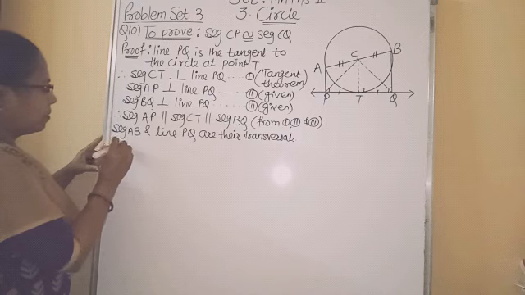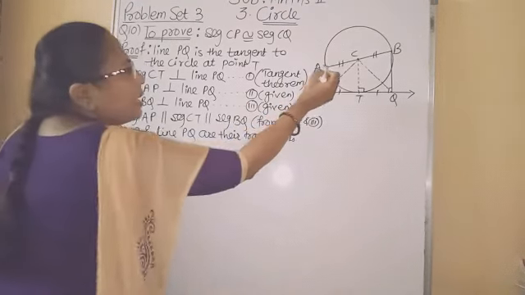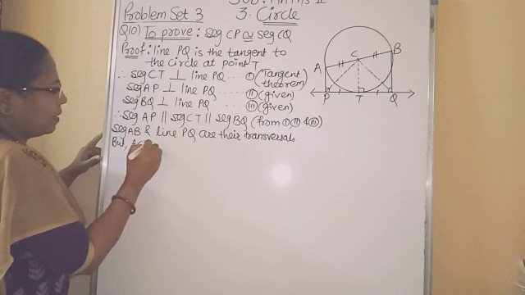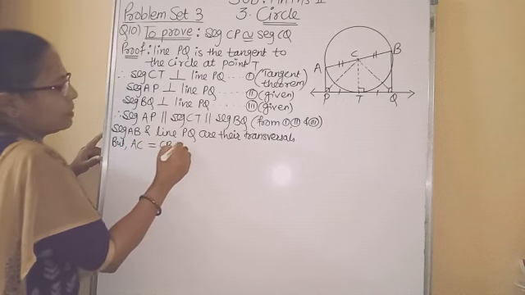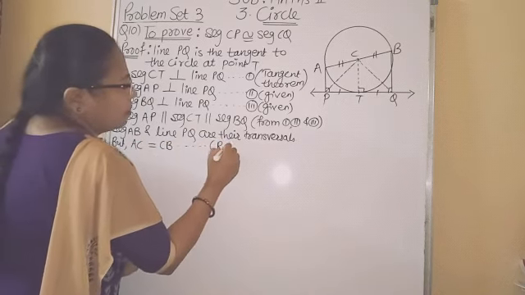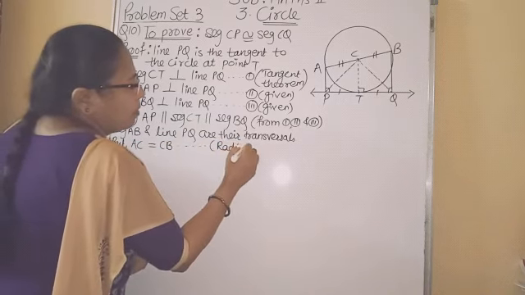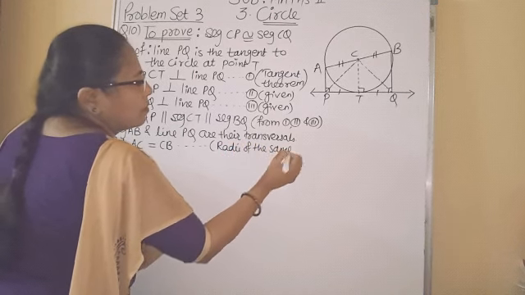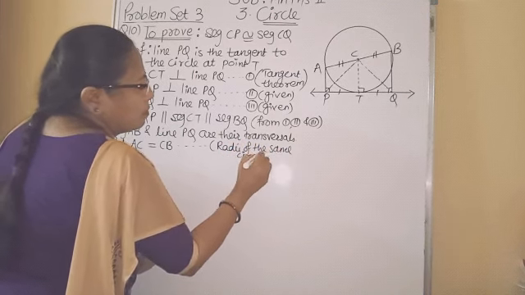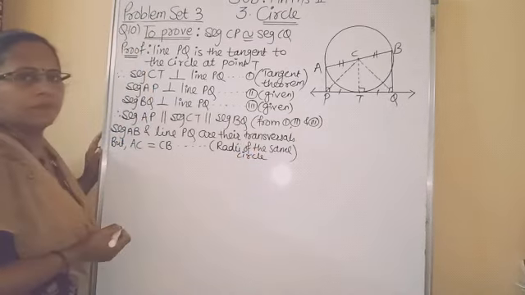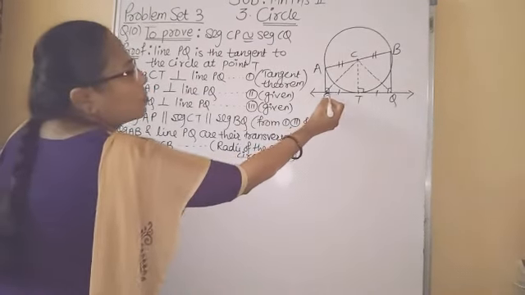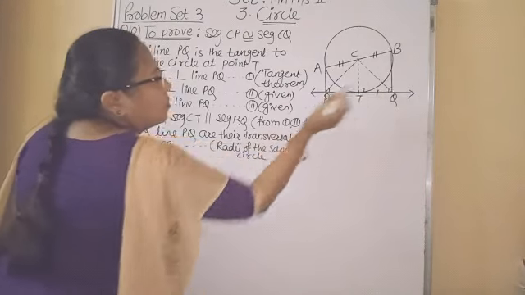But AC equal to CB. Reason, radii of the same circle. Therefore, which segment we got congruent? PT equal to TQ.